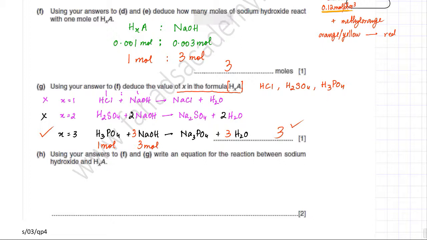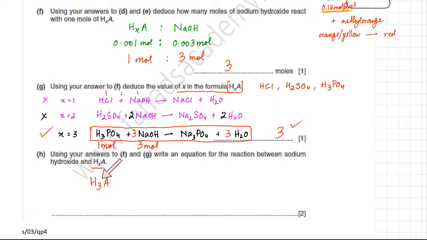And in the next part, using your answers to F and G, write an equation for the reaction between sodium hydroxide and HxA. We've already done one example where we took phosphoric acid. Now we know that X is equal to 3, so the formula of the acid would become H3A. Since H is +1, and there are 3 hydrogens, A would be -3.